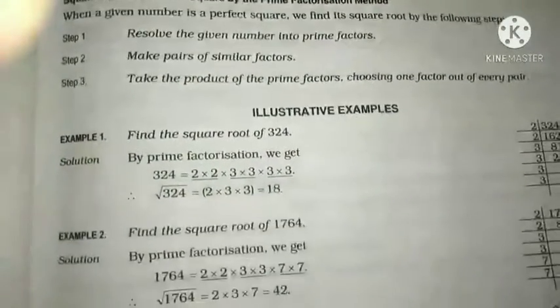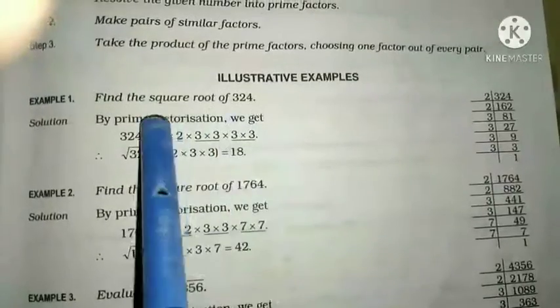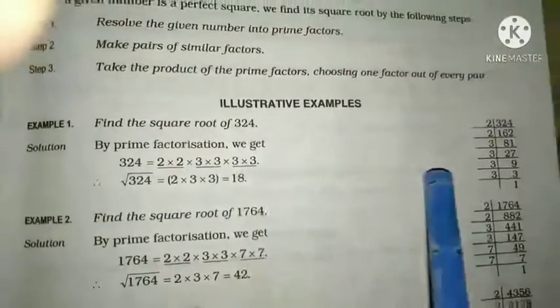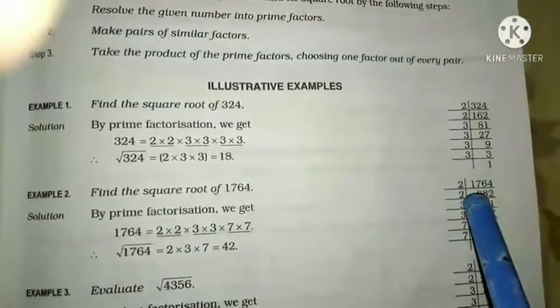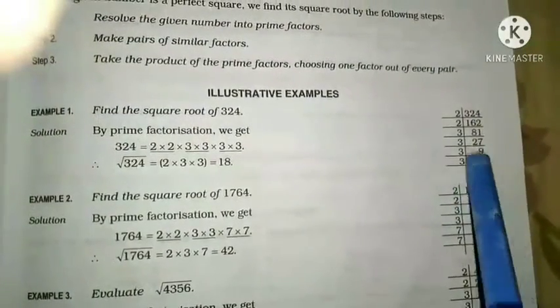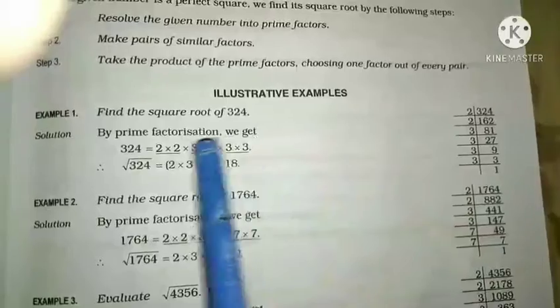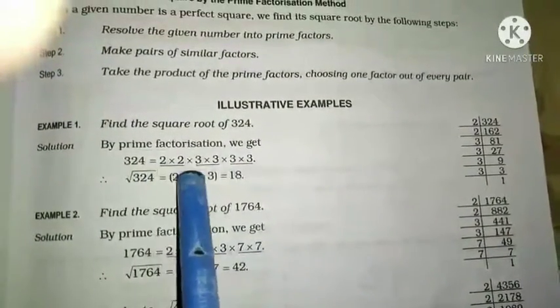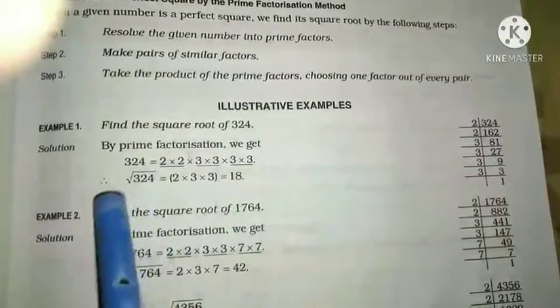Let's take one example. In this example, we have to find the square root of 324. First of all, we'll find the prime factorization. These are the prime factors. Now 324 can be written as 2 into 2 into 3 into 3 into 3 into 3.